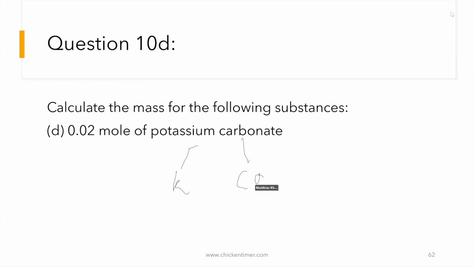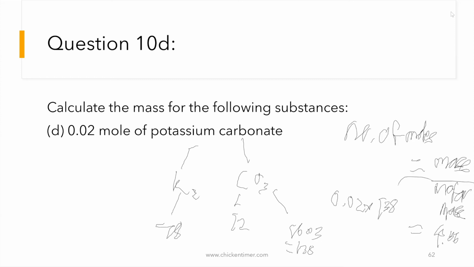But be careful, this question may be tricky. Think carefully. First of all, give me the chemical formula for potassium carbonate. K2CO3. Okay, how can you improve your presentation? Number one, you have your formula. Second, you have the molar mass.